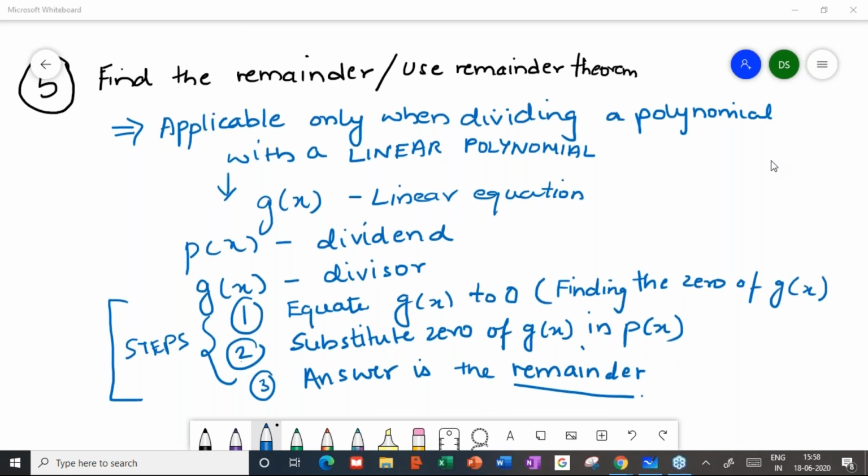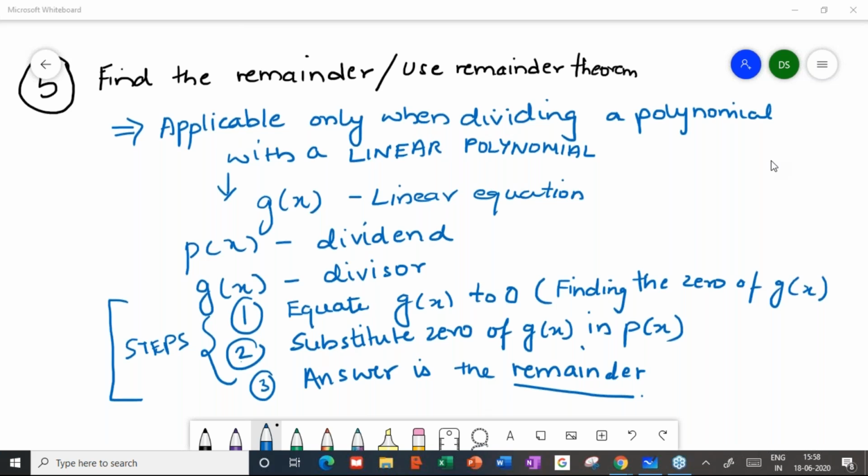Ma'am, I had a doubt. As you told, g of x should be equal to 0 and it should be a linear polynomial. What if the highest degree is 2? Then g of x can be equated, right?